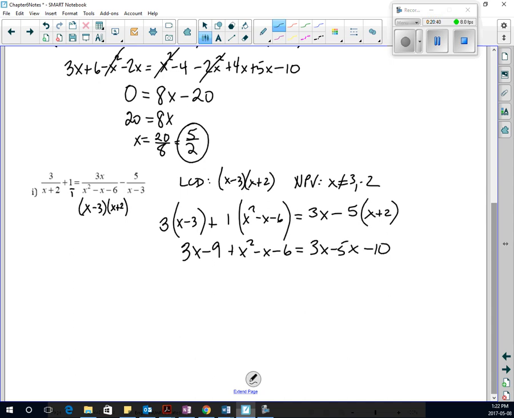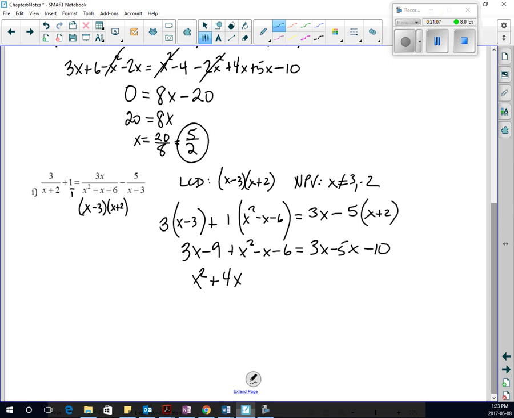I'm going to move everything over to the left side because that's where I have a positive x squared. So x squared, 3x minus x is 2x, and on this side I have a 3x minus 5x, which is a minus 2x. If I go over there, it'll be a plus 4x. And then a minus 9 minus 6 is minus 15.